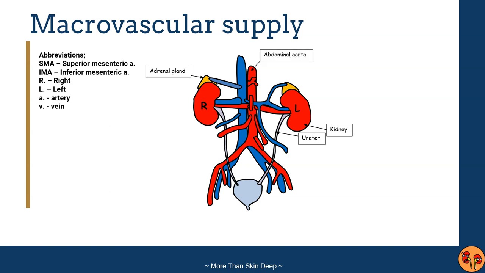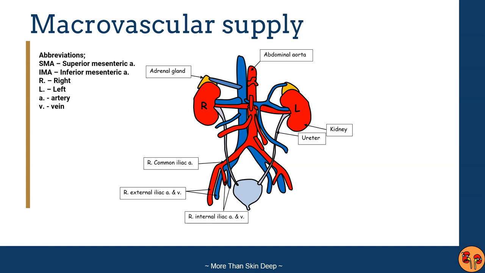Inferiorly, it continues as the right common iliac artery in this diagram, which will then bifurcate into the external iliac artery and internal iliac artery. Notice that these are also paired with corresponding veins, and these veins originate from the inferior vena cava. It is important to note that prior to the abdominal aorta bifurcating into the right and left common iliac, you have three major branches. These are the celiac trunk, superior mesenteric artery, and inferior mesenteric artery.